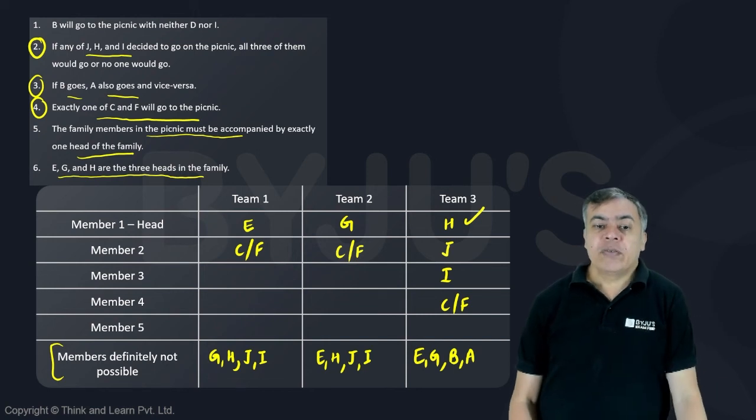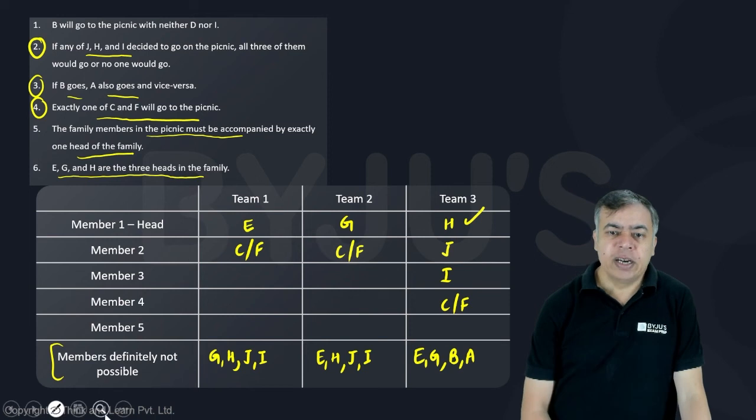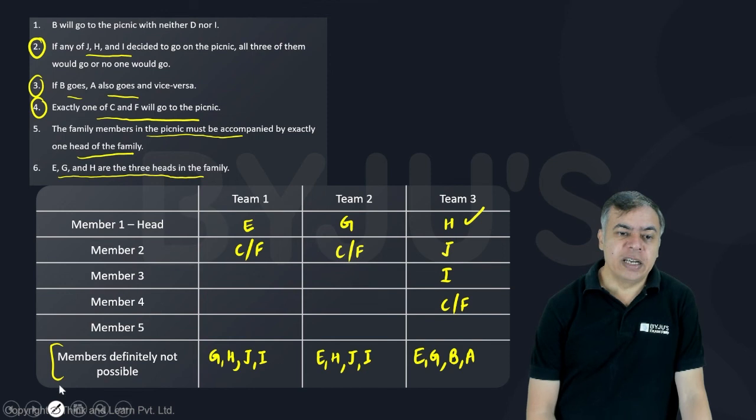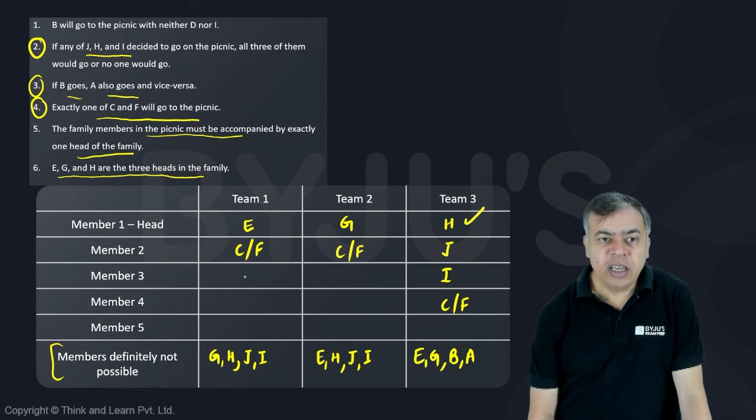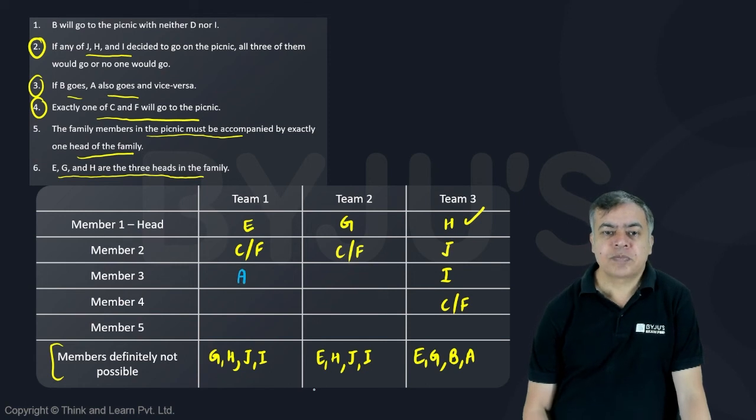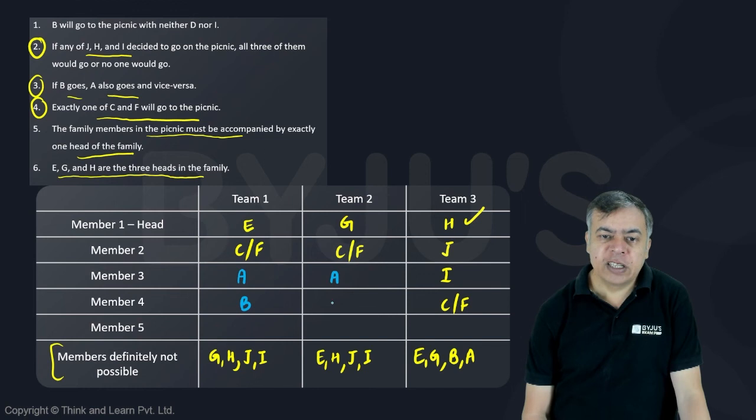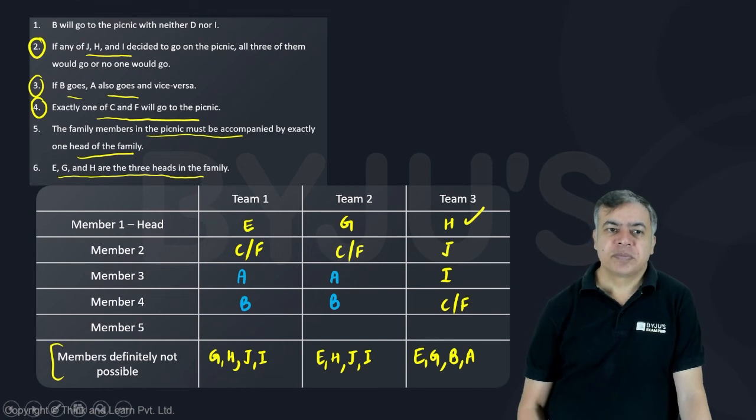And now for team 1 and 2, because it is a possibility, I am writing with some other color: if A is there, then B also must be there. If A is there, then B is also there.